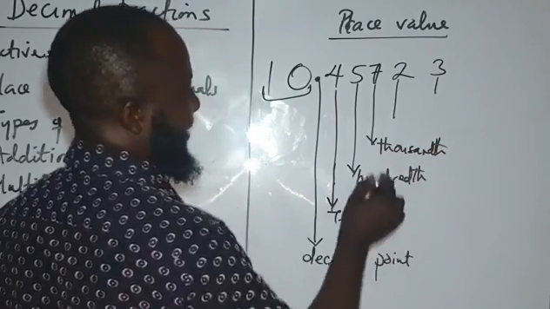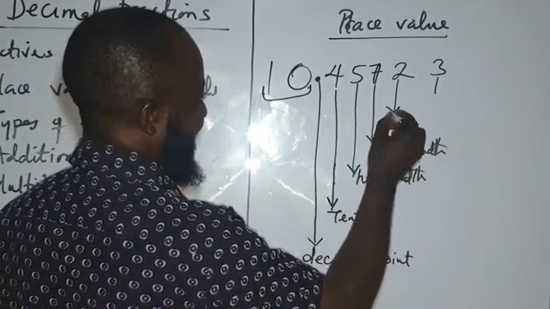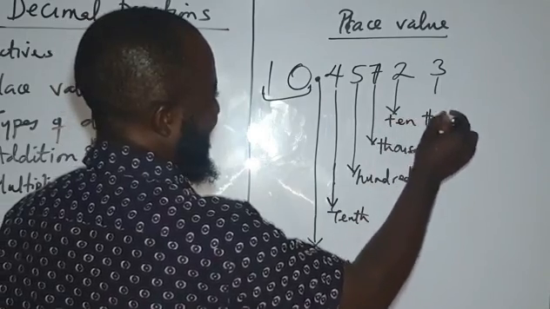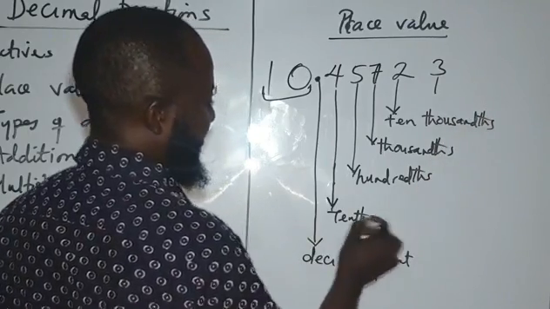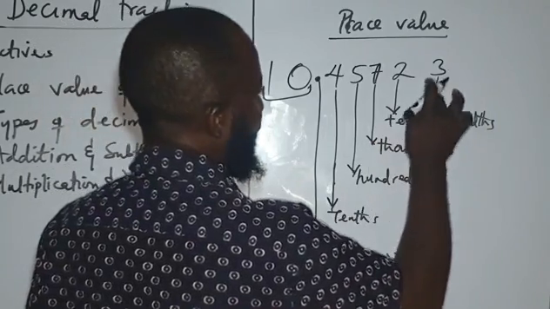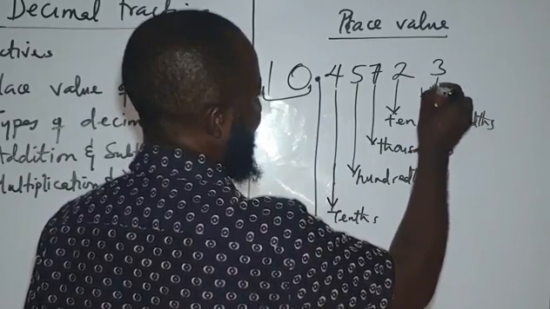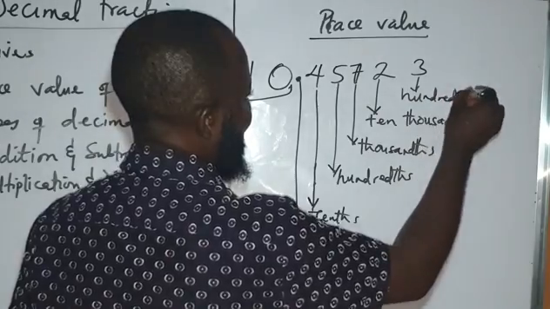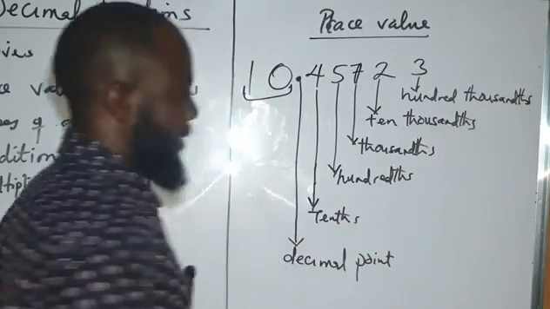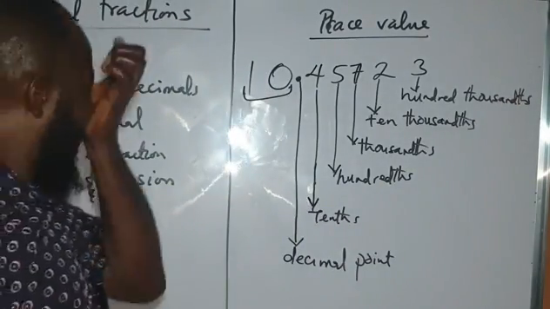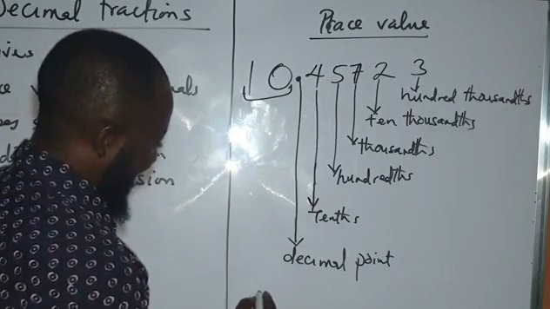Then this one will be ten-thousandth. Then the next is hundred-thousandth. Right? That's hundred-thousandths.